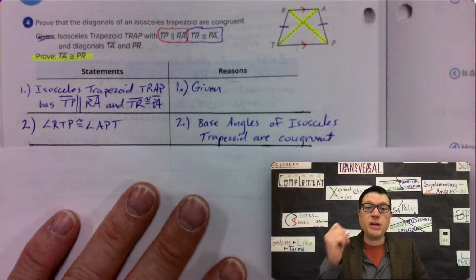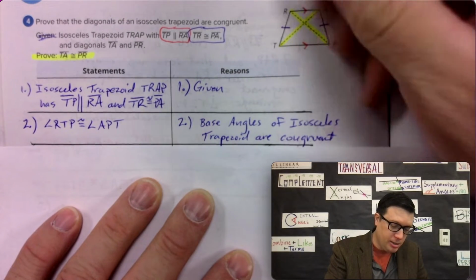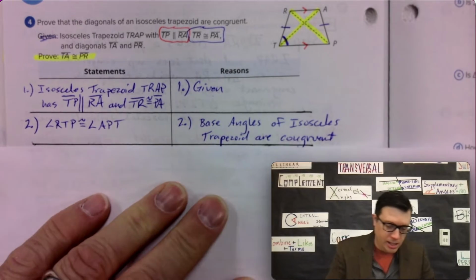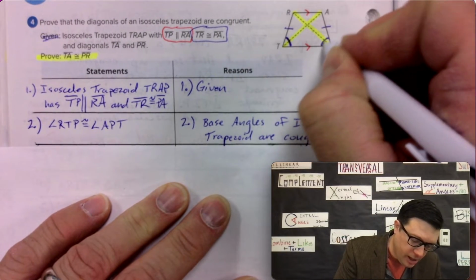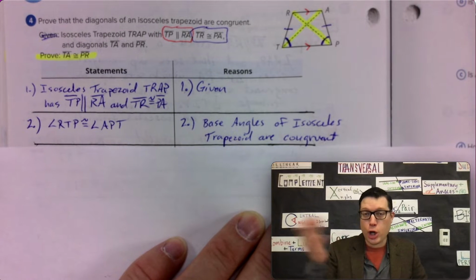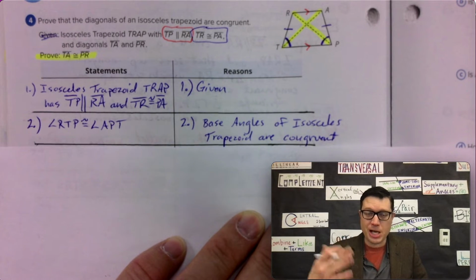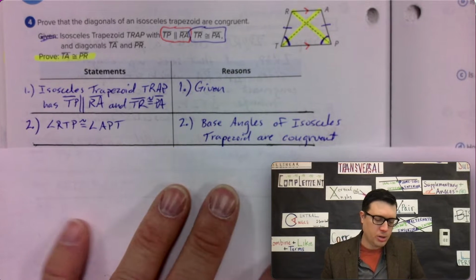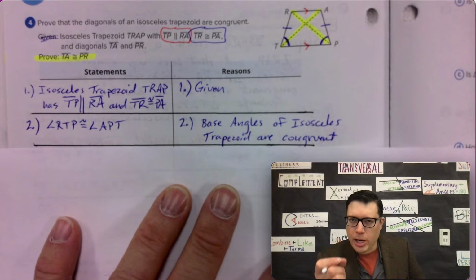So specifically focusing on angle RTP, that angle right there, and angle APT, this angle over here, they are base angles of an isosceles trapezoid. So we know from the other pages that we've worked on that base angles of isosceles trapezoids are actually congruent also.